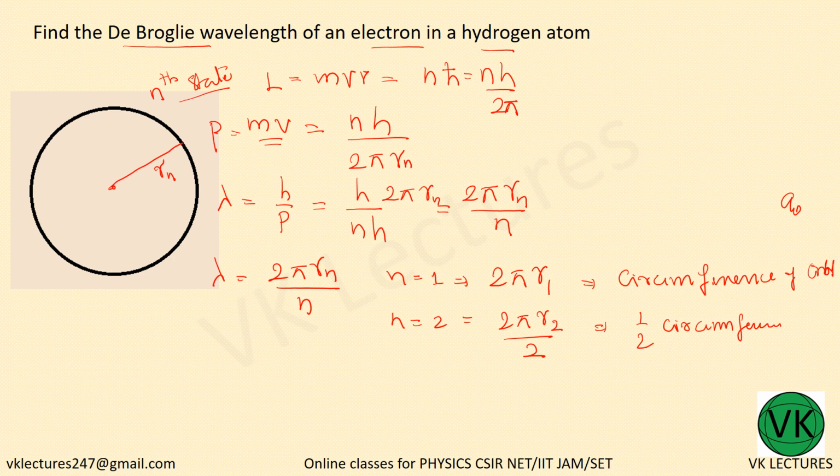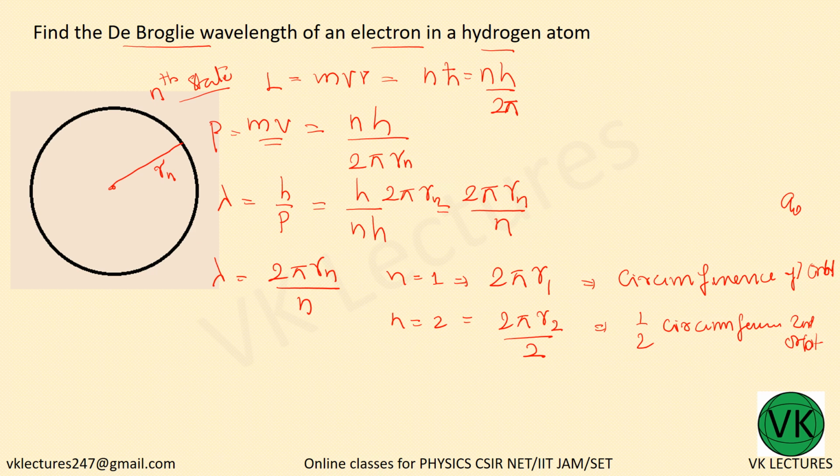This is the first orbit. It's half the circumference of the second orbit, not the first orbit. It changes. It doesn't mean the wavelength is equal to half the first orbit's circumference. No, it means for the second orbit, its wavelength will be half of the circumference of the second orbit.